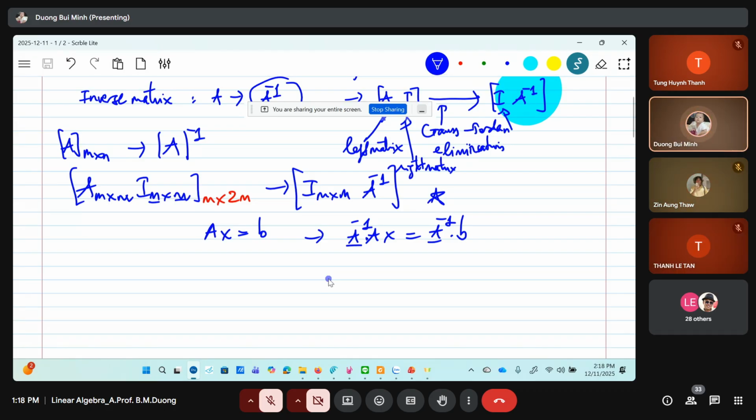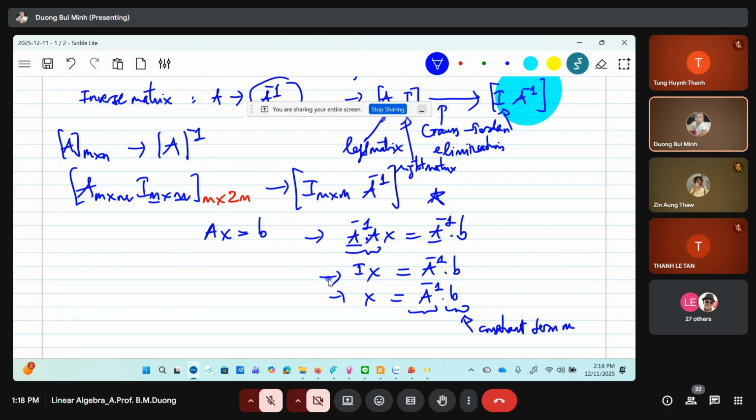So the inverse of A times A gives I times X equal to the inverse of A times B. I times X is X. So X is the inverse of A times B. If we already have the inverse of A, we multiply by B. B is the constant term matrix. Then we apply the inverse of A times B and you get the solution. This is the second method.